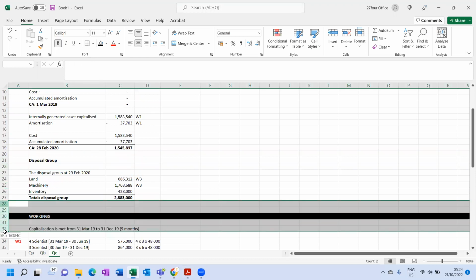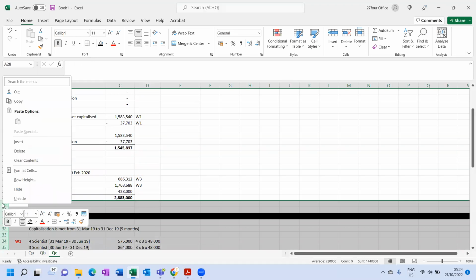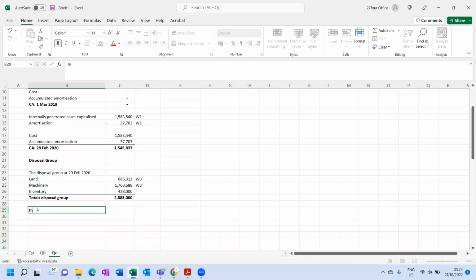And then over here, we can just say, included in the disposal group, is a remeasurement loss of, what was it, amount?